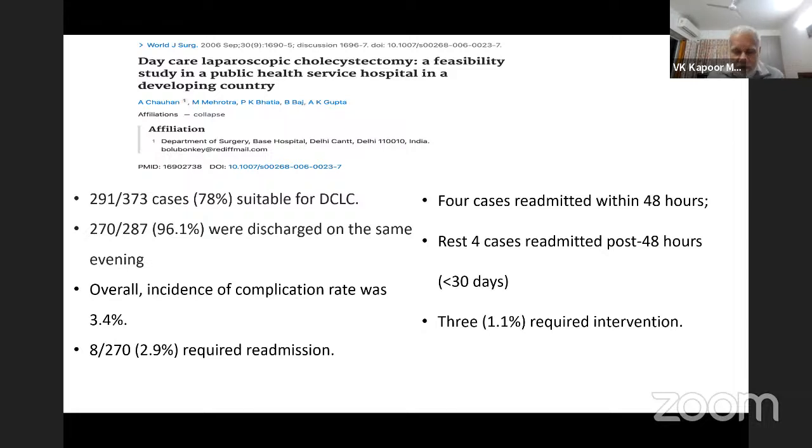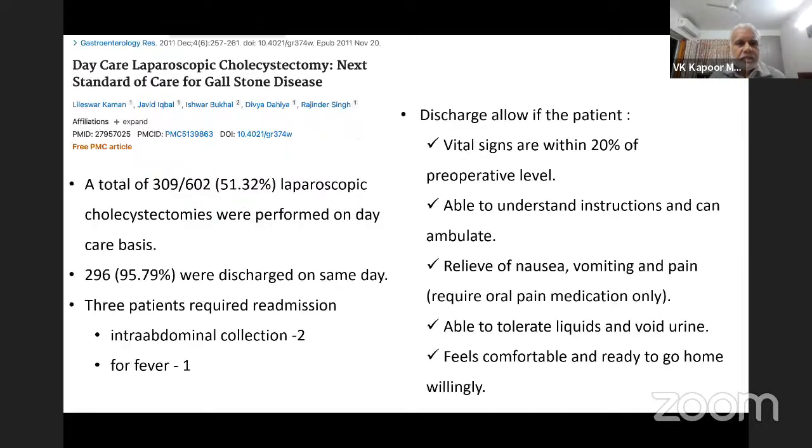And a small number of cases required re-intervention also, although there is no comparison here. But what he has tried to say is that even in our own country, and this is a report from the base hospital in Delhi, lap chole is being done as a daycare surgery. This is another report from PGI Chandigarh, where the percentages are less.